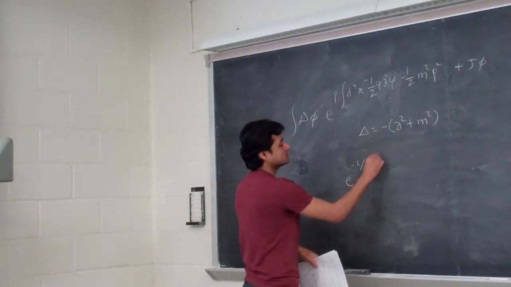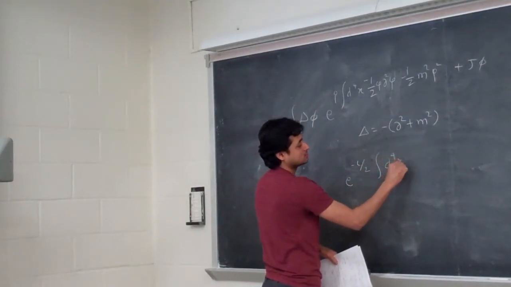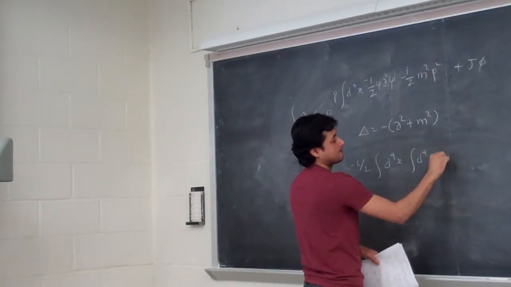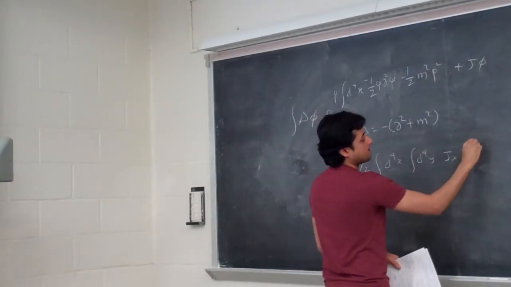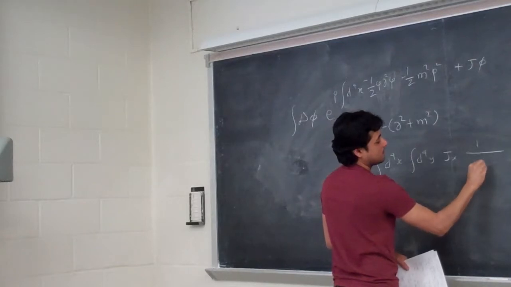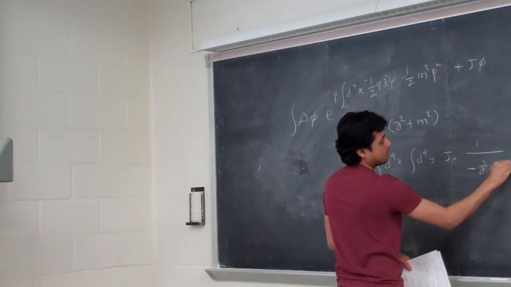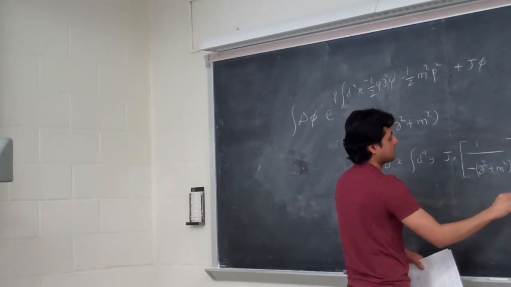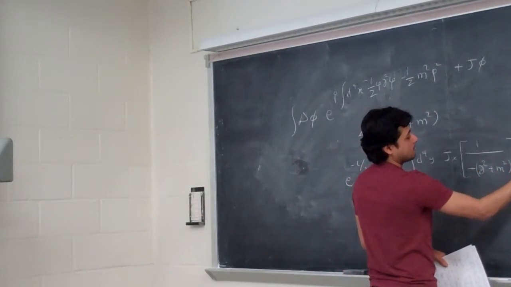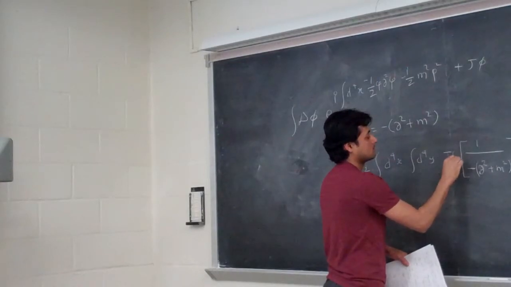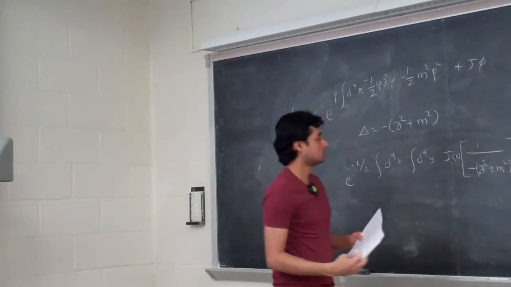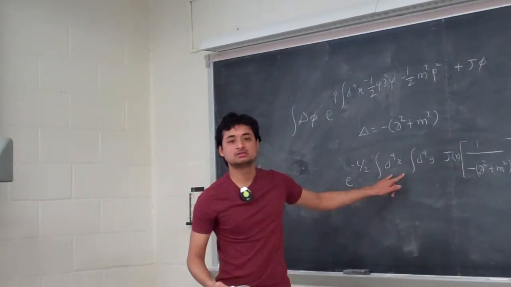So let me write the integration and then you will see how it makes sense. Okay, so this is the sum over i, this is the sum over j.